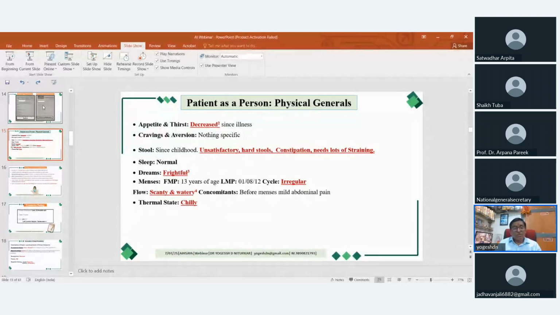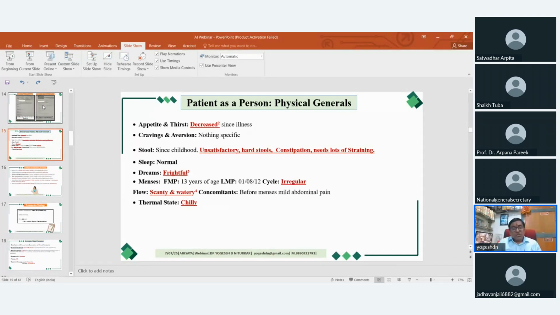The dreams are of frightful nature. When I inquired about the content of the dream, she said that she just wakes up with some sort of fright. The dreams are unremembered. So only frightful had been taken.